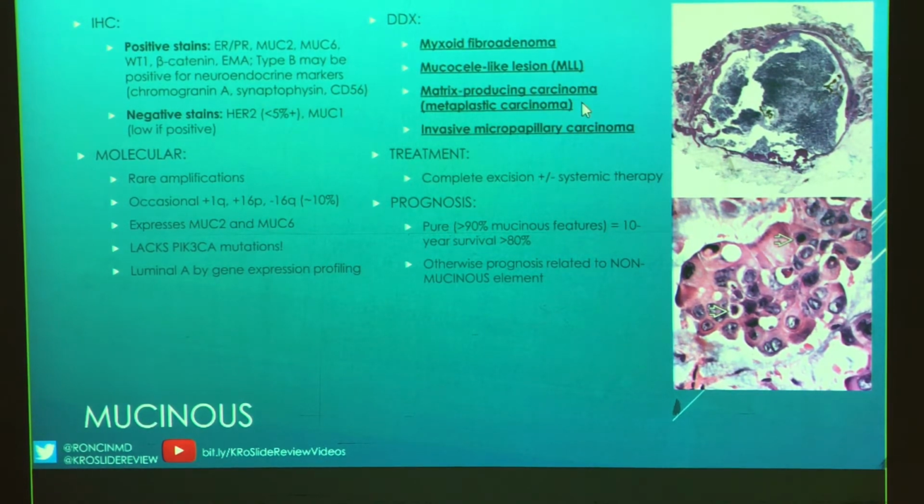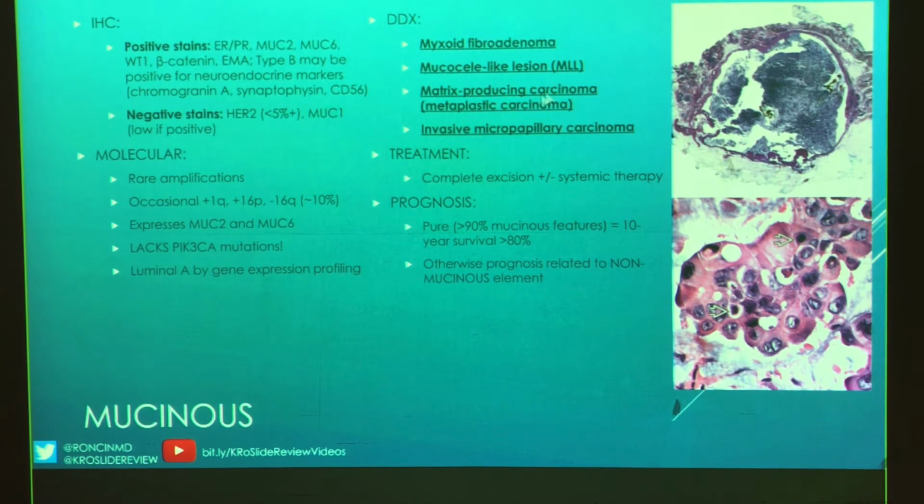Your metaplastic carcinomas can have a really prominent mucinous response. So your myxoid fibroadenomas, so your fibroadenomas can have this really prominent myxoid change. So things that can look like mucin but not necessarily be mucin.